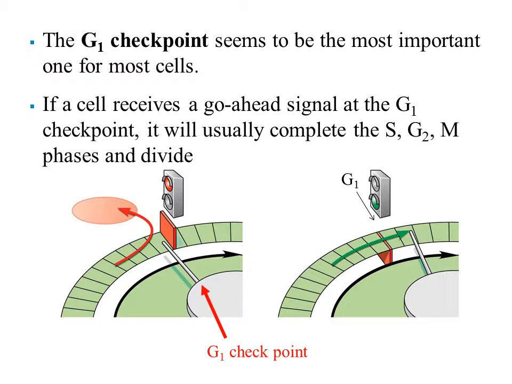The G1 checkpoint seems to be the most important one for most cells. If a cell receives a go-ahead signal at G1 checkpoint, it will usually complete S, G2, M phase, and divide. So the checkpoint is a barricade, is a roadblock, is a beautiful big wall.